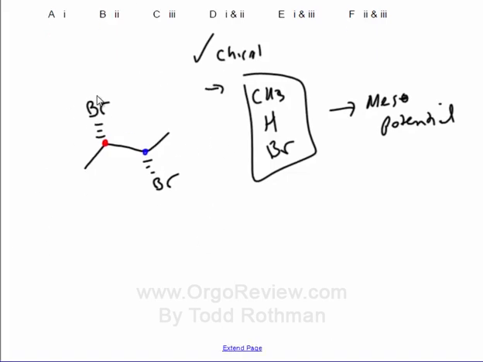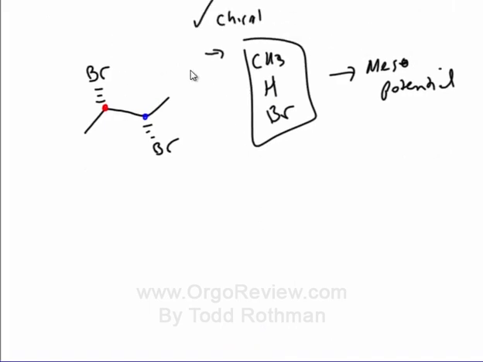So there's a few ways to figure out if it is meso. One is if it has a plane of symmetry. Now, you don't have a plane of symmetry here, because in order to have a plane of symmetry, you'd have to be in the eclipse drawing, not the staggered. Notice that this is a staggered drawing, right? You have a bond here and it's down and up. Remember how I showed it to you in the first question, where this is staggered as opposed to eclipse.